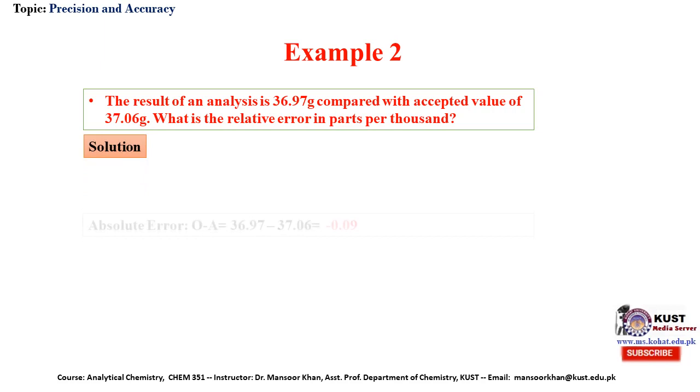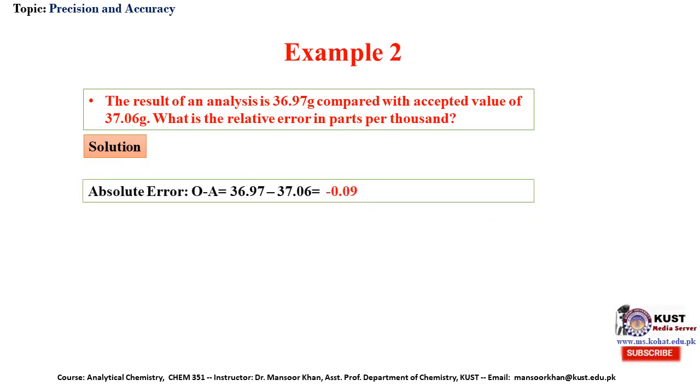Solution. As we know, before calculating relative error, we should determine absolute error. The absolute error is equal to observed value minus accepted value. The observed value is 36.97, while the accepted value is 37.06, and the absolute error is minus 0.09.